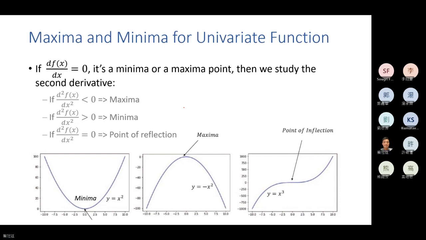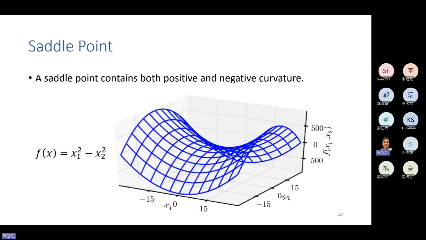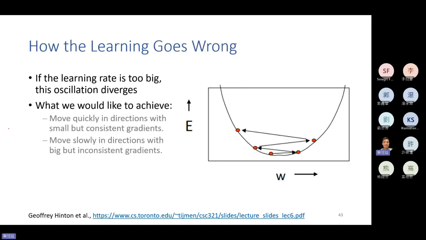Okay. The definition of a saddle point is that a point contains both positive and negative curvature. It's like the saddle of a horse, which is why it's called a saddle point. An example is f of x equal to x1 squared minus x2 squared, right? And it will show you this kind of point.